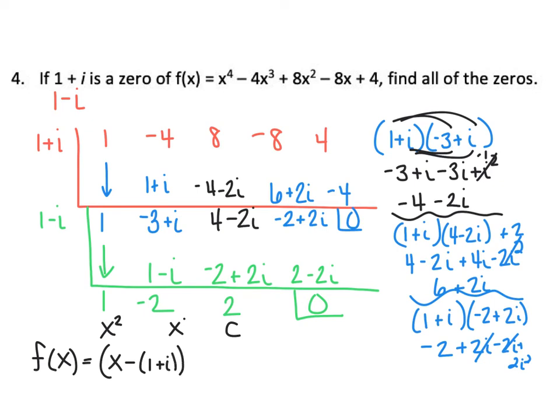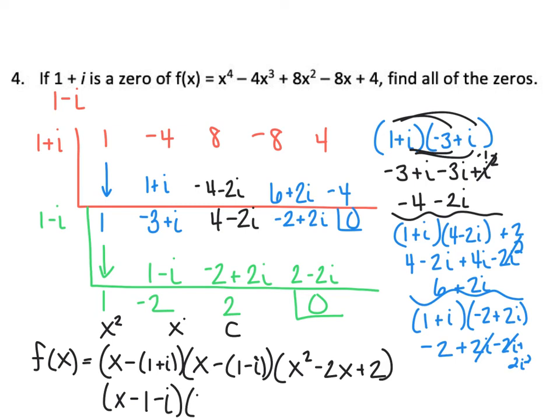I'm just going to do a double set of parentheses here to help your eyes see it. x minus 1 minus i. And then what's left here would be 1x squared minus 2x plus 2. I'm just going to clean up this first one to make it be x minus 1. Fix that 1 minus i, and this one here would be x minus 1 plus i.